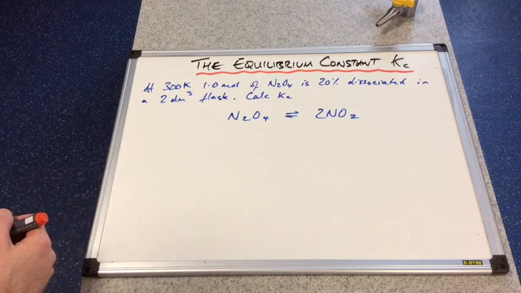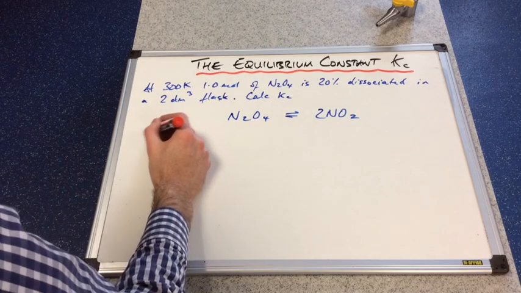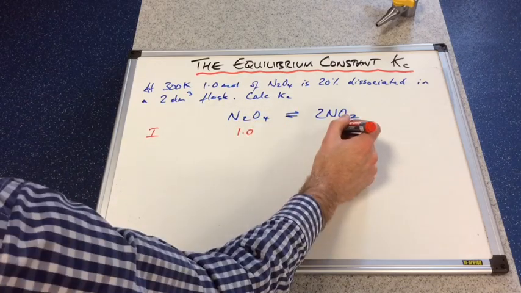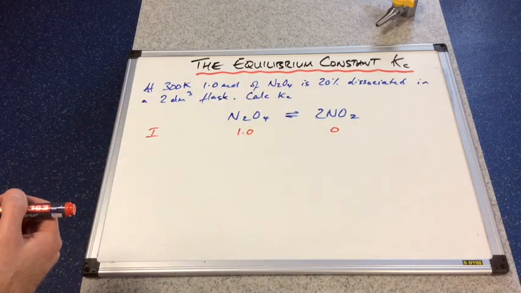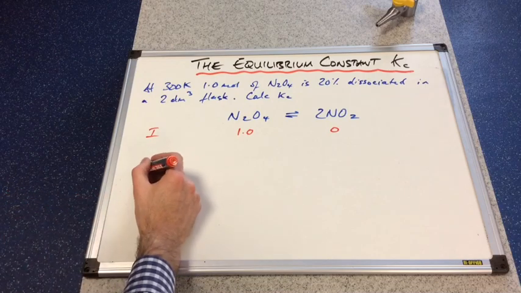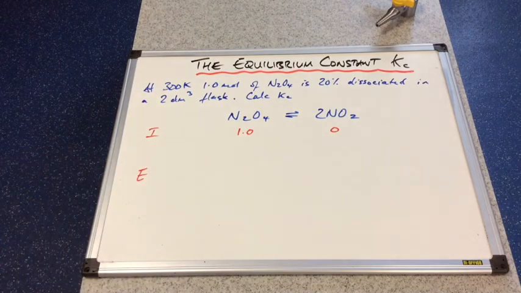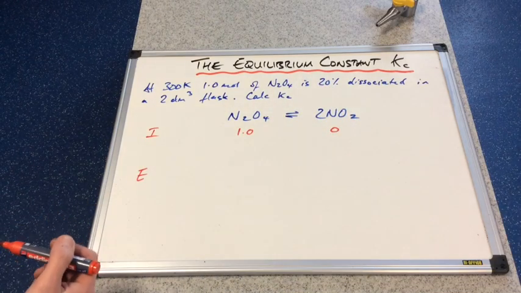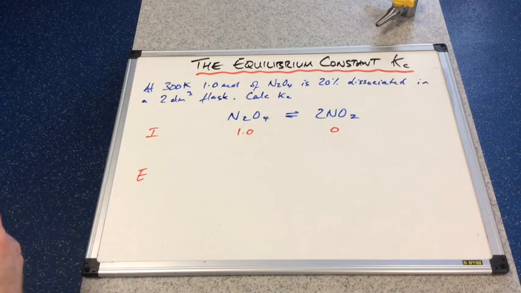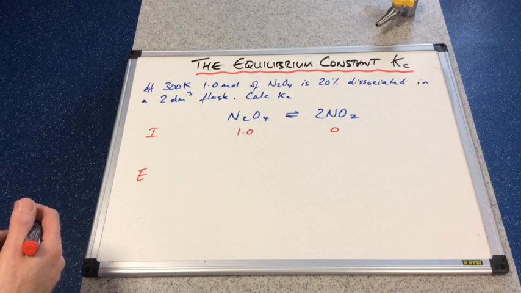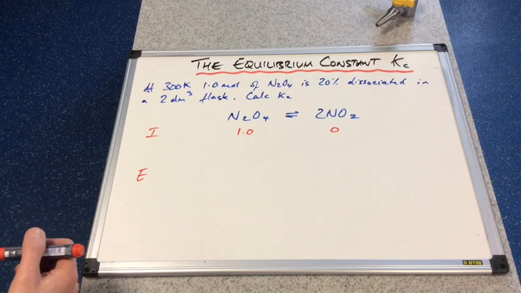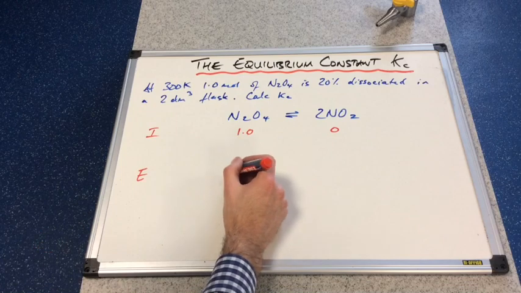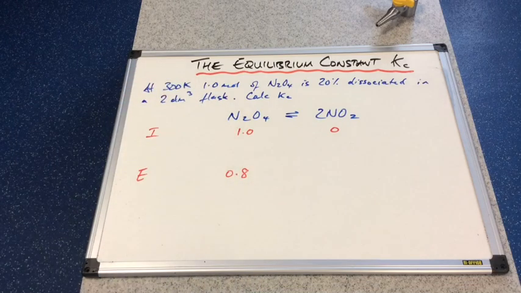Calculate Kc. So initial would be 1.0, and initially you wouldn't have any of that. At equilibrium, if it's 20% dissociated, that means 20% of it has broken off or split up, and so there'd be 80% left. So 80% of 1 mole is 0.8 moles.